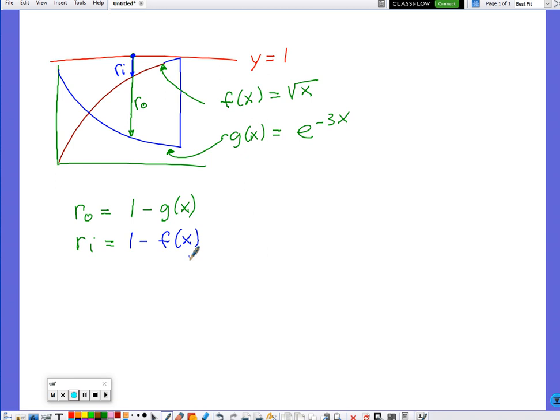So, I don't care about the solid, I care about the slice. So the area of my slice is going to be pi, radius of the outer circle, squared, subtract pi, radius of the inner circle squared, take the whole thing, multiply it by the thickness of the slice.